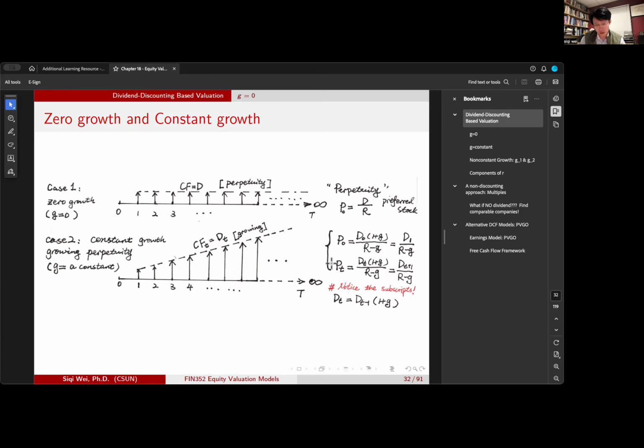That's the term in your textbook. The idea is that we assume firms are constantly paying a growing dividend to the shareholders. So you can see the level of the cash flows is different. There's a slope. The slope of the cash flow is the growth rate. We'll discuss how we derive the growth rate.